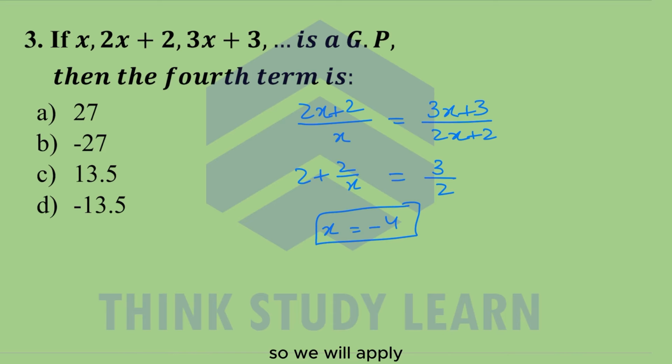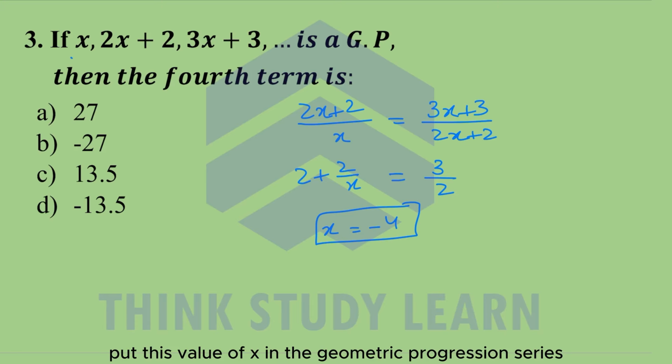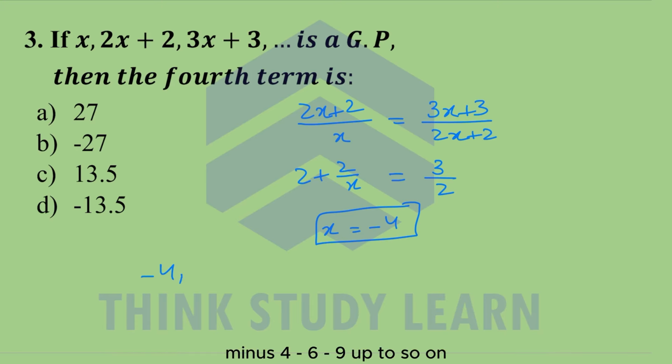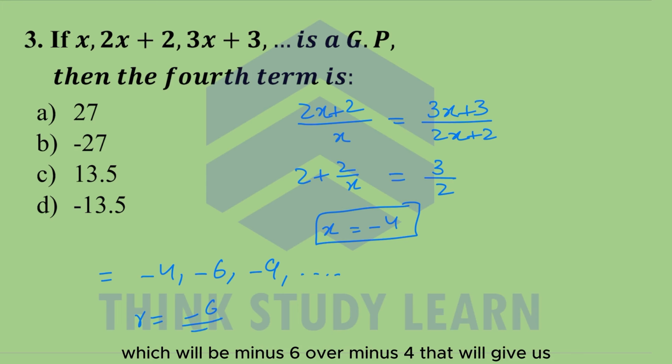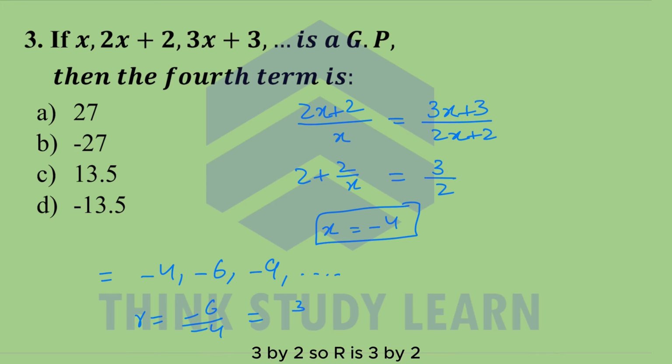So we will put this value of x in the geometric progression series: minus 4, minus 6, minus 9 and so on. That is the series that will be formed if the value of x is minus 4. To find the fourth term, we will first find the common ratio, which will be minus 6 over minus 4, that will give us 3 by 2.